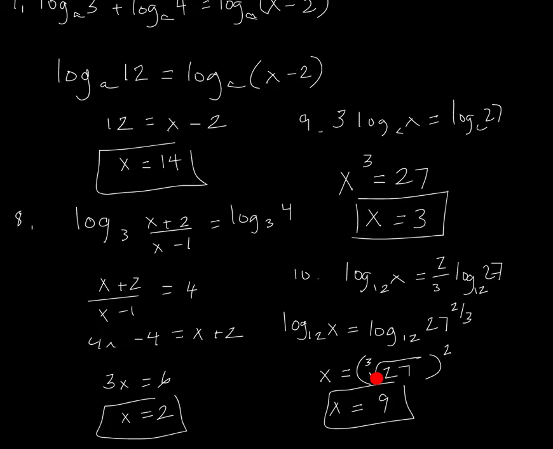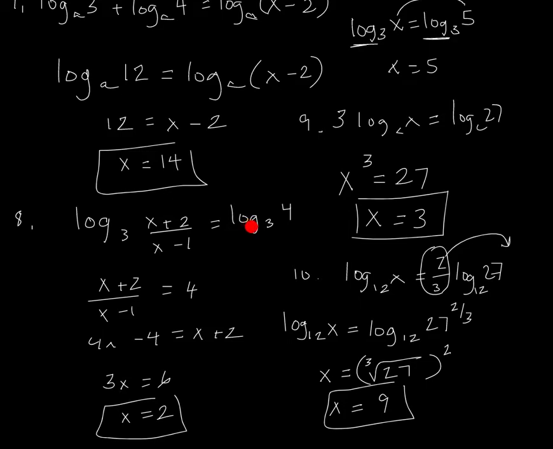Okay. So 10, pretty much if you have like log base 3 of x equals log base 3 of 5, something like that. When these are the same, these have to match. So x has to equal 5, right? Now, this one, the 2/3, when you have a number in front of the log, it pops up as an exponent, so it becomes 27 to the 2/3 power, right?